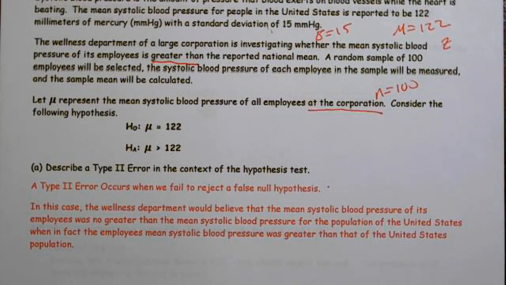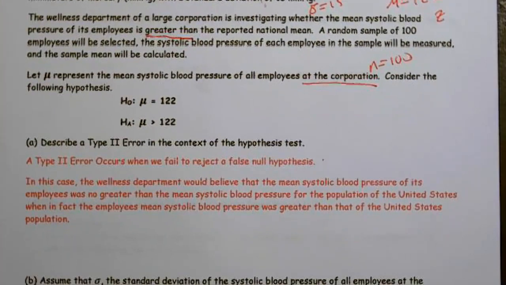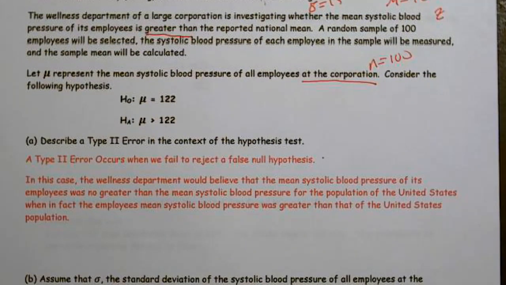Now we need to put this in context of the problem and go like this. In this case, the wellness department would believe that the mean systolic blood pressure of its employees was no greater than the mean systolic blood pressure for the population of the US, when in fact the employees' mean systolic blood pressure was greater.